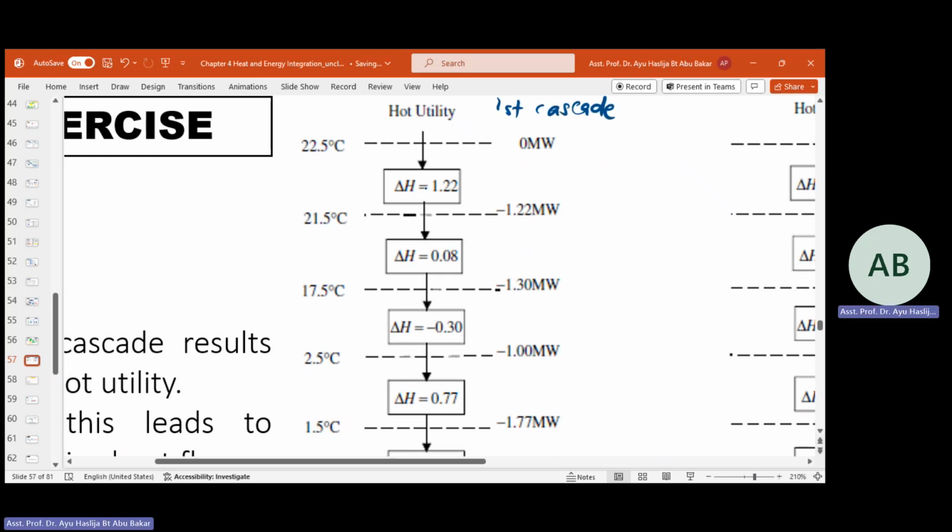Okay. Then from the delta H that you obtained from the table just now, positive 1.22 means you need to supply heat to it. So you need to supply. That's why here negative sign. Supply the heat.